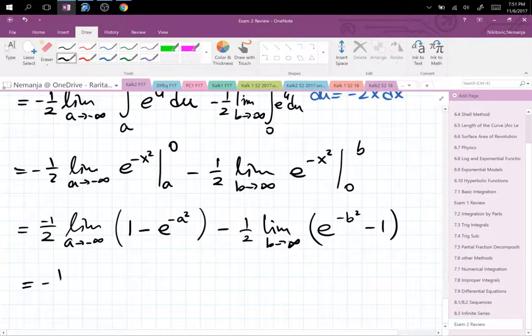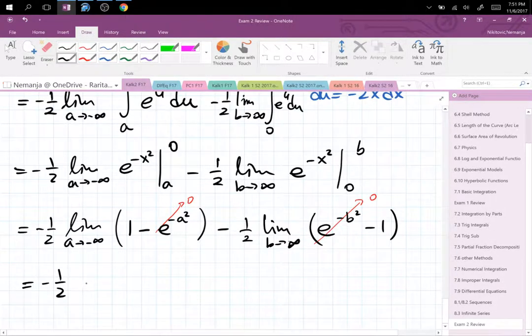All right, so this is negative 1/2. Now when I plug in negative infinity and square it, it becomes positive infinity, and then with the negative, negative infinity. So e to the negative infinity is 0. So this goes to 0. This one will go to 0 as well.